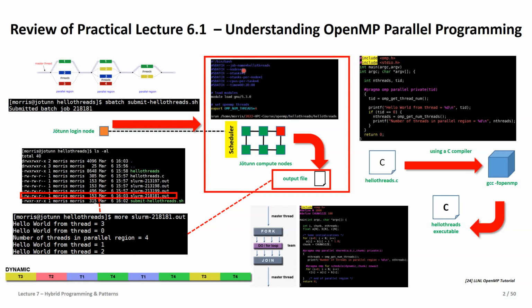And the Hello Threads job here that you see is basically similar, except maybe for this particular aspect where we have CPUs per task, where we identify how many threads we want to spawn on this process, and essentially then also telling the OpenMP environment how many threads we're going to use.